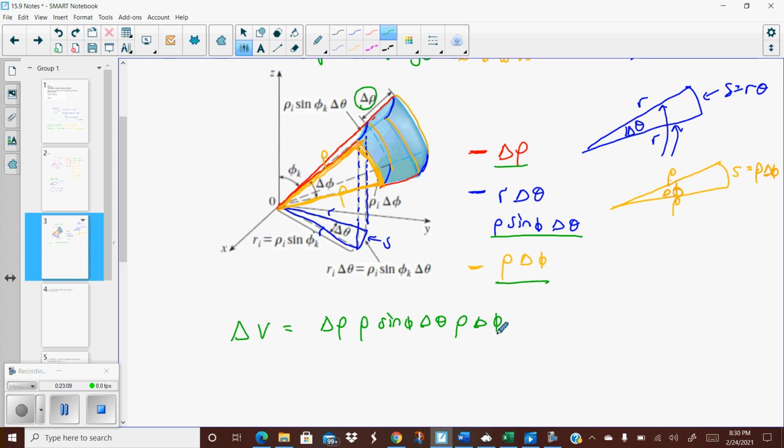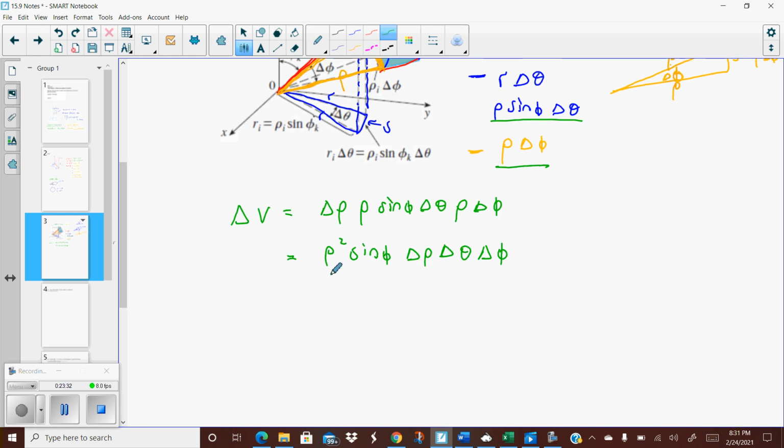So typically we're going to put all those changes on the end. So I've got a rho and another rho, I've got a rho squared. I've got a sine phi. And then I've got delta rho, delta theta, delta phi. So there is your conversion factor right there.